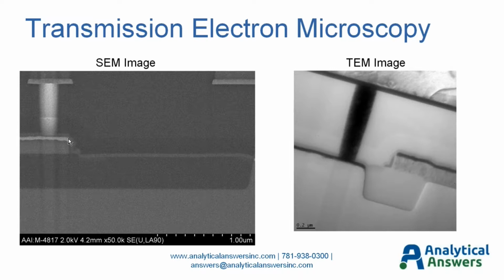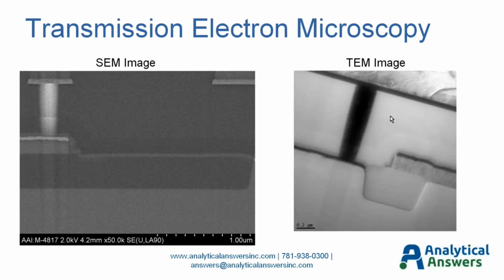We see oxide, we see this thin deposited layer. The oxide in this region appears to have two films, the bright material lying on top of the polysilicon gate material, as well as the contact here, which is tungsten.